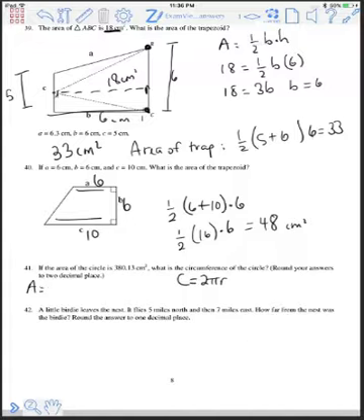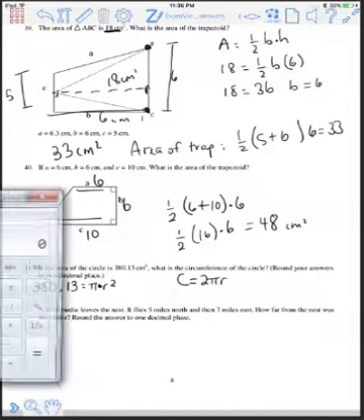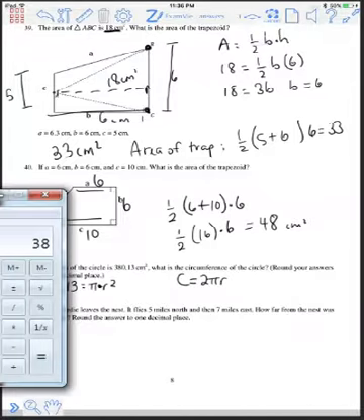So 380.13 is equal to pi times radius squared. We take 380.13 and divide it by pi.